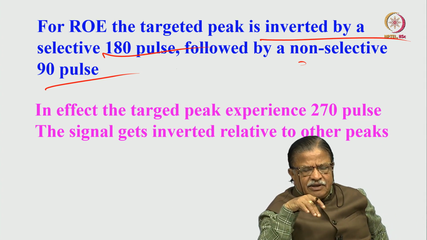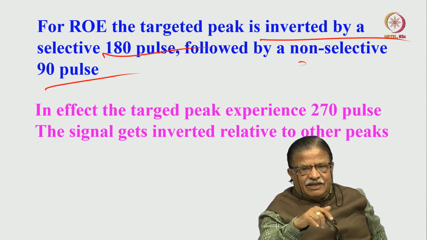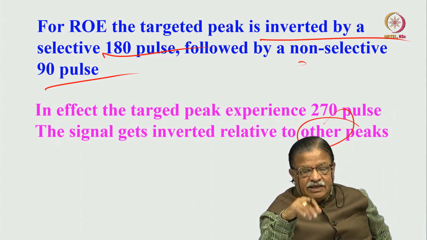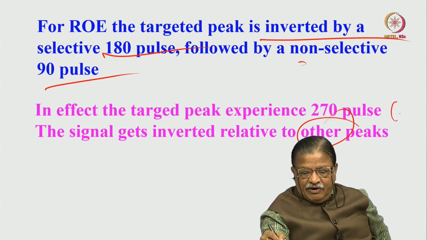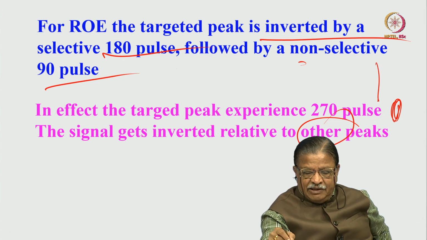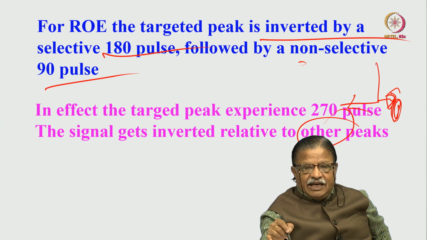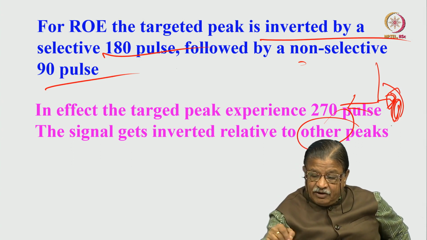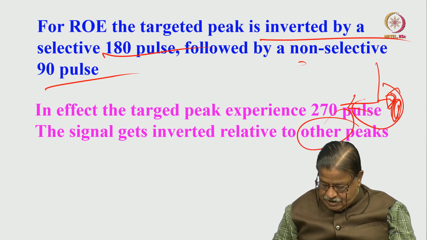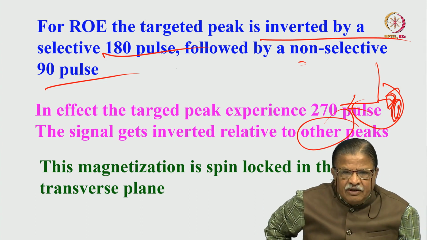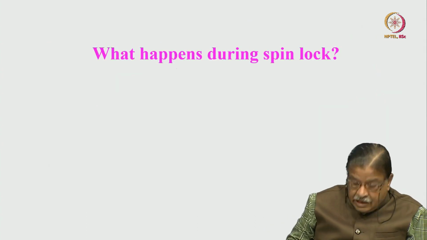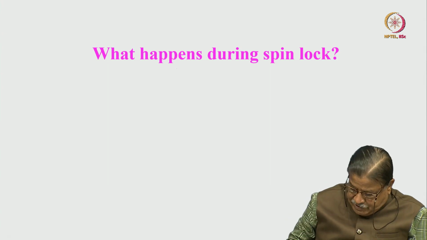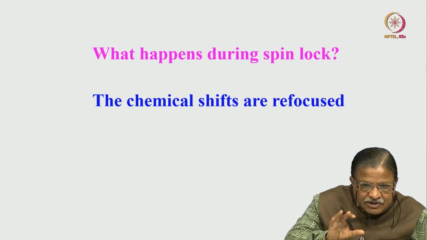When you have a 270 pulse, the signal gets inverted relative to the other peak. It is negative intensity, because you have a receiver here and bring the magnetization along this axis. This is positive. The signal is in the other direction. After bringing it by 270 degrees, it is a negative signal. So, there will be a negative signal. So, this magnetization is spin locked in the transverse plane. What happens during spin lock? Of course, chemical shifts are refocused.